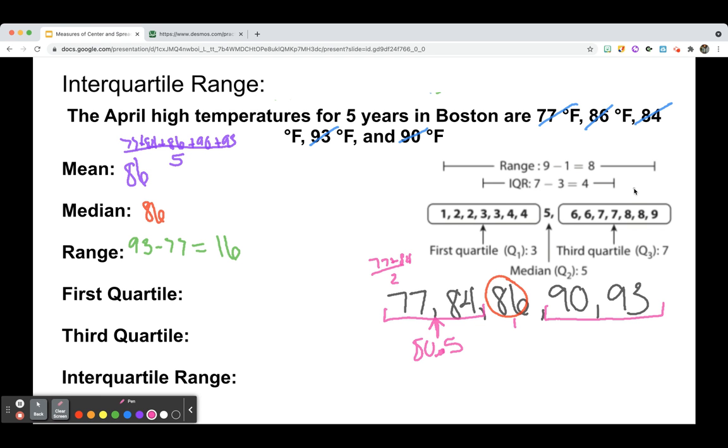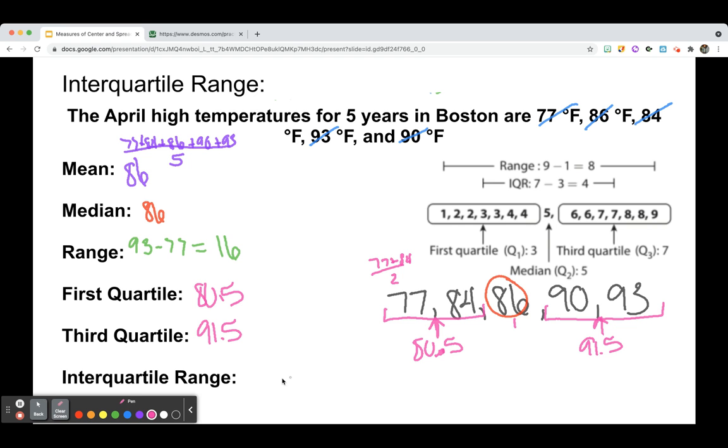And then 90 and 93, if I add those two together and divide by 2, I get 91.5. So my first quartile was 80.5 and my third quartile was 91.5.